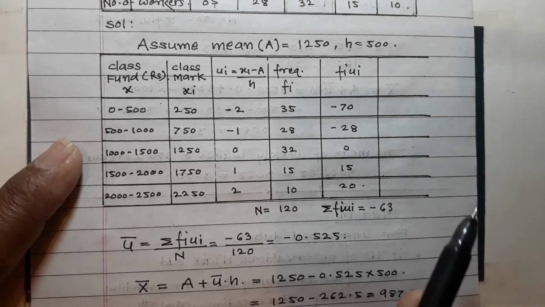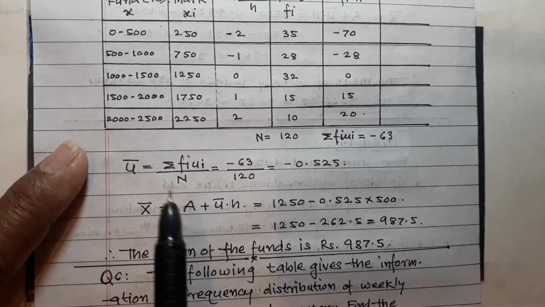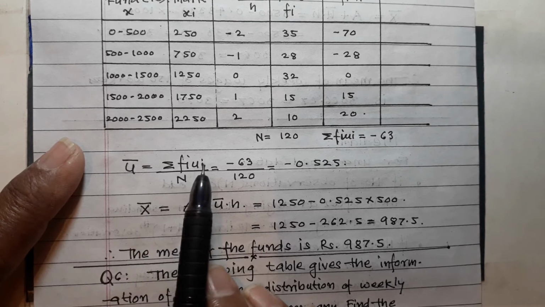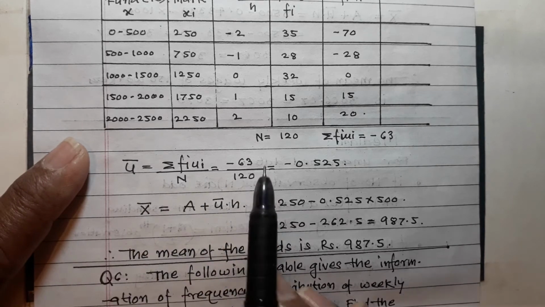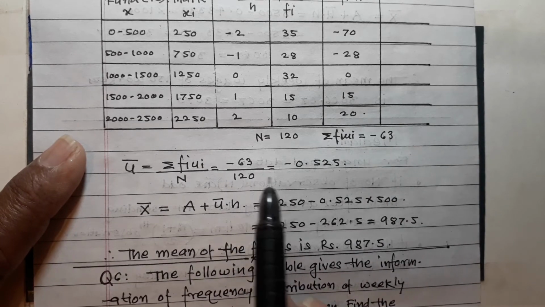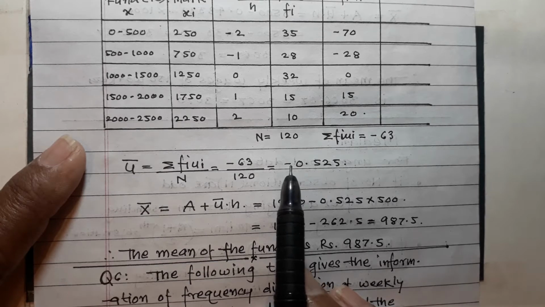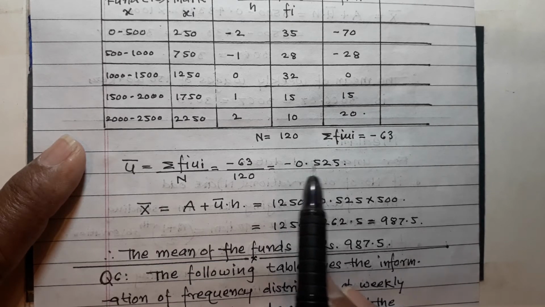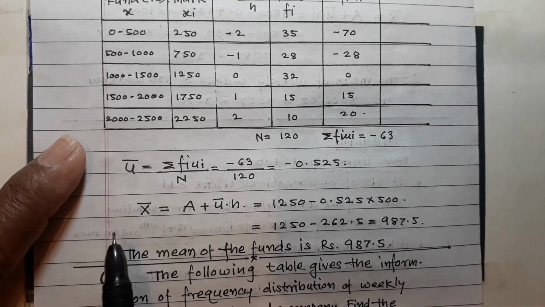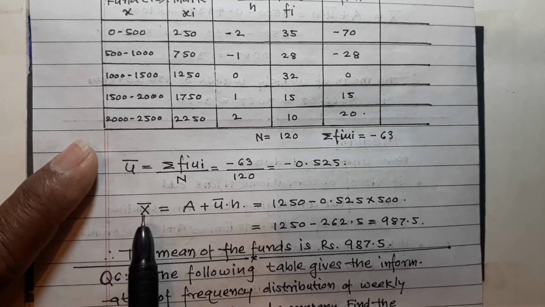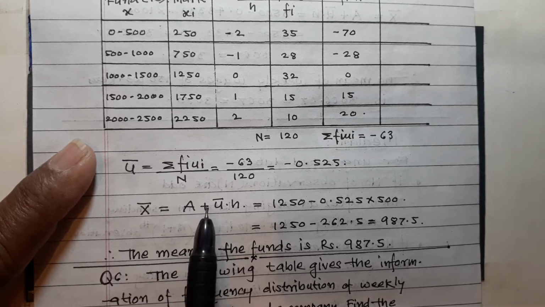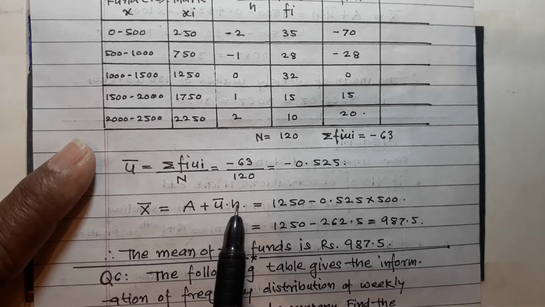Now first you find u bar. u bar is equal to sigma fiui upon n, that is equal to minus 63 upon 120, and is equal to minus 0.525. And then use the formula: mean, that is x bar, is equal to a plus u bar into h.